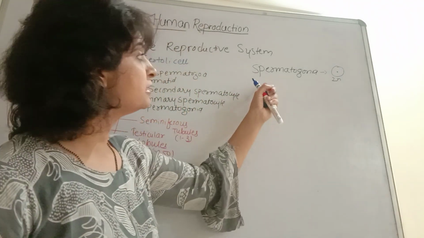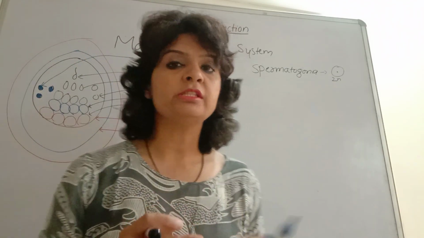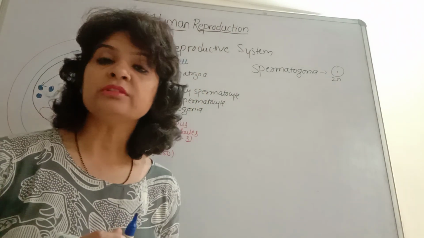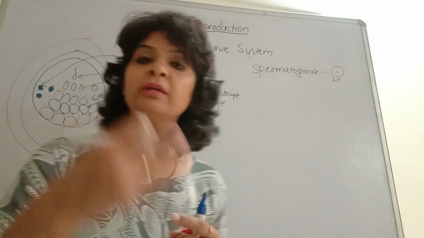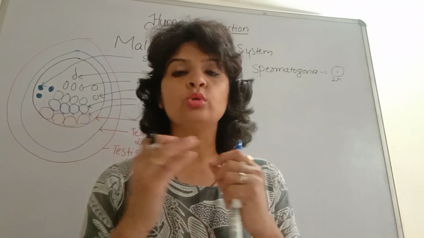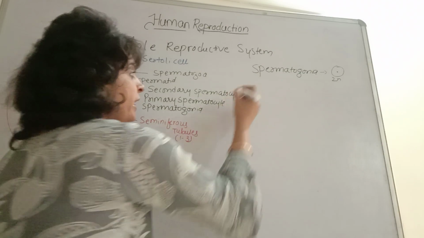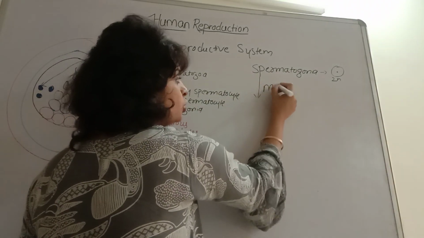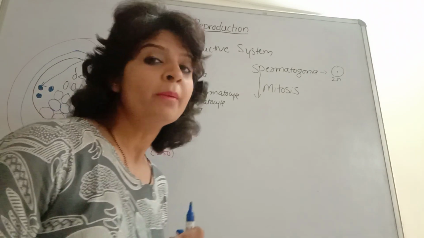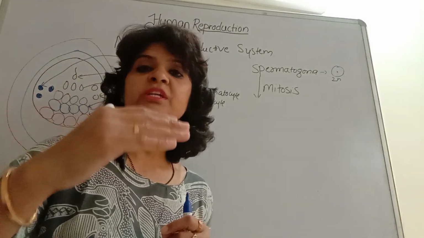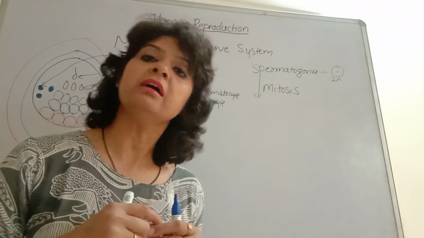So when a male attains puberty, the spermatogonia undergoes a multiplication phase. During its multiplication phase, it also shows growth and gets mature. The spermatogonia undergoes mitosis. As you know, mitosis is the one in which the cells increase in number.